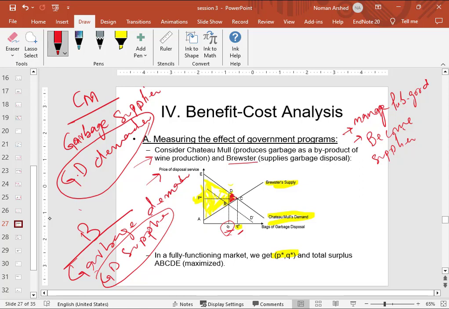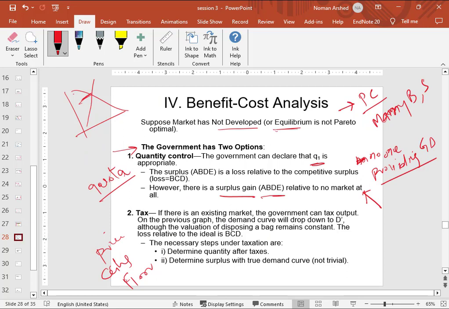If there was no supply curve, then how much surplus would be? It would be zero because the garbage is not being cleaned. The environment is depreciating quickly. So अगर supply curve आ गई, even though there is a limit of quantity, so there is a surplus of ABDE. This ABDE is bigger than the number which is zero when there is no supplier of garbage disposal. Anyone who has a question here?